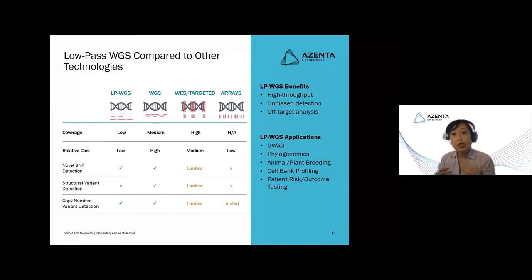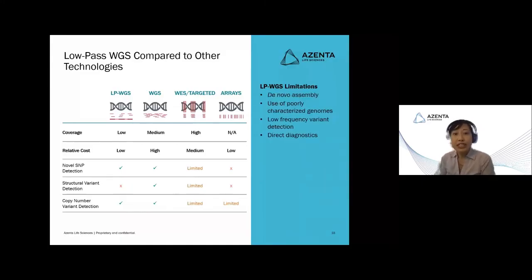Therefore, it's well suited for genome-wide association studies, and especially advantageous over arrays when it comes to those underrepresented populations. Low-pass whole genome sequencing can be used for phylogenomics, for breeding studies, cell bank profiling, and even patient testing for any type of risk outcome assessment.